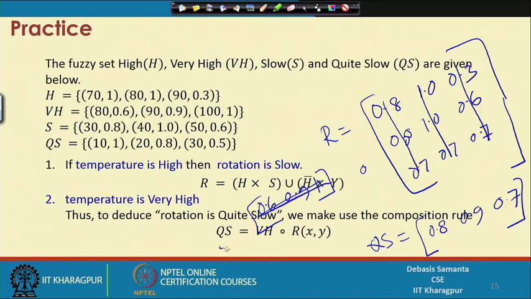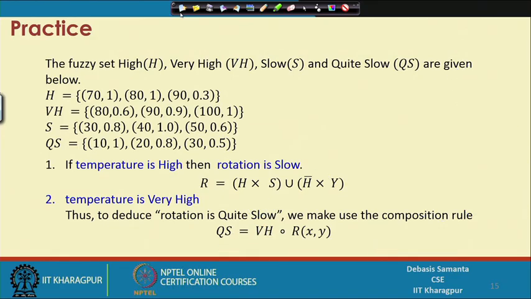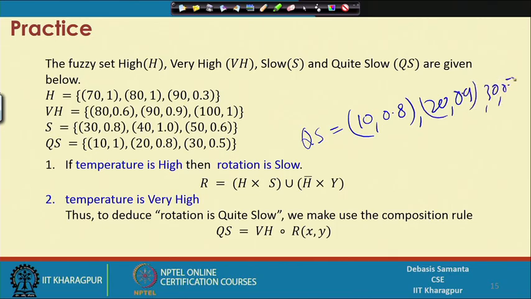So, finally Q S can be calculated. Therefore, over the universe of discourse, we can write 10, 0.8, then 20, 0.9, 30, 0.7. So, this is basically the fuzzy set expressing Q S, or rotation is quite slow, the fuzzy set is like this.